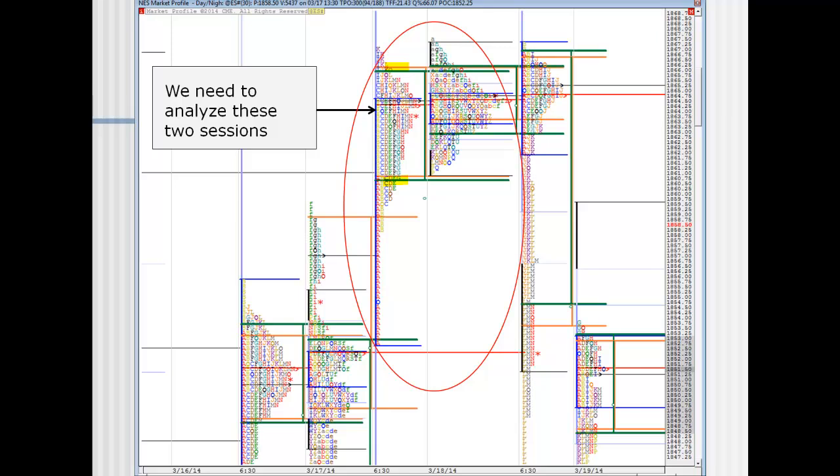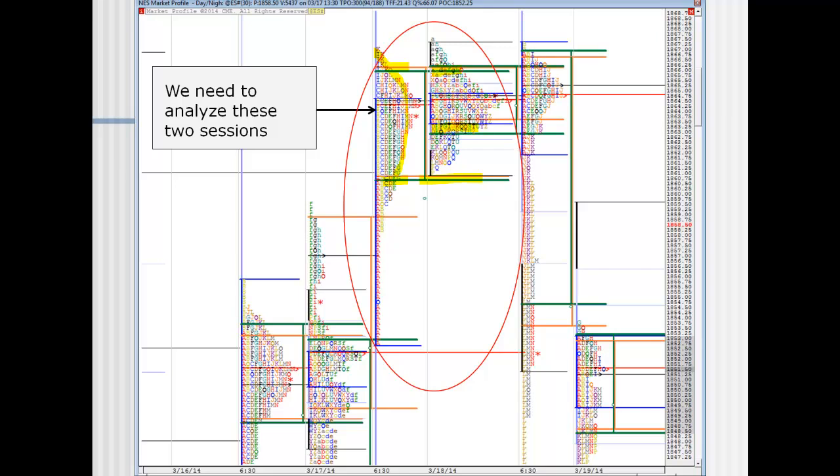It's up here. And then for the evening session, the value area low is higher than the value area low of the day session, and yet the value area high is just a tad above there. And so for the most part, we could say that the development that occurred in the evening session was really a continuation or a continuity of the development that was occurring during the latter part of the day session.